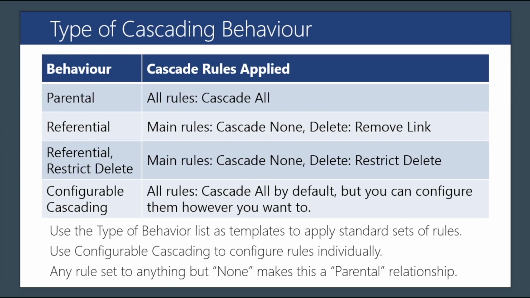And when it's deleted, it does not delete the related record. It simply removes the link. For example, if you do a referential with a restrict delete, then that controls how that behavior is managed as well. And then lastly, you can set it up to be configurable cascading, and then you can determine how you want that behavior to actually apply in a given condition.